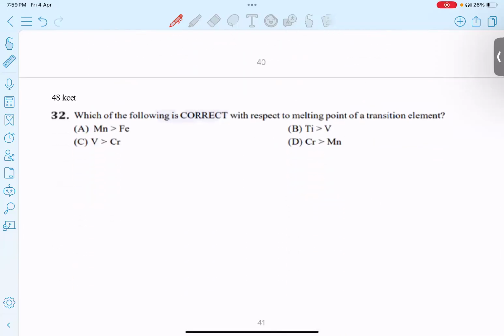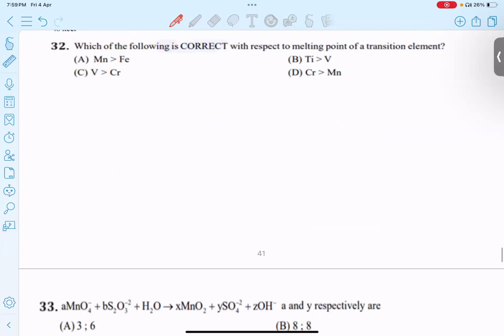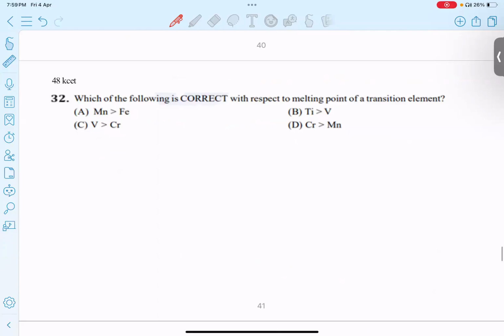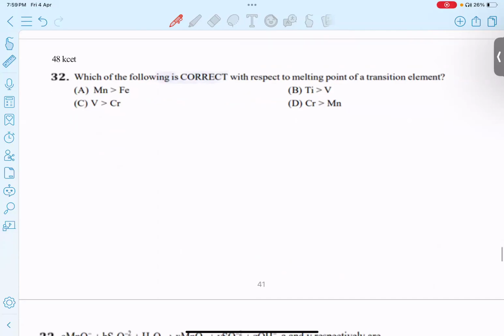Next question is, which of the following is correct with respect to the melting point of transition elements? Here, 3d series elements are given: scandium, titanium, vanadium, chromium, manganese, up to manganese.